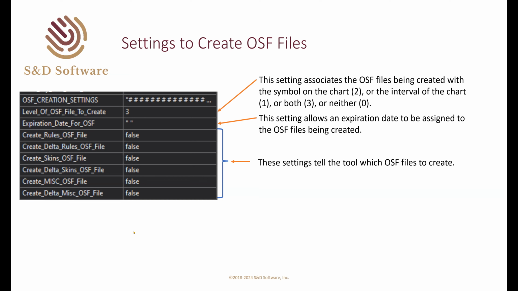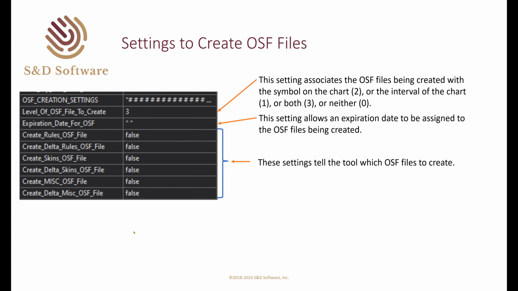So when he goes and creates this OSF file, he's going to be writing out the settings that are in use on the current chart. And then he will associate that OSF file with the market from the current chart and the interval from the current chart.